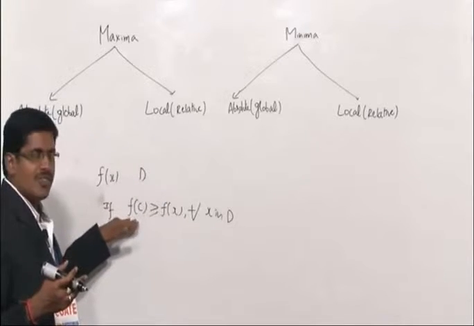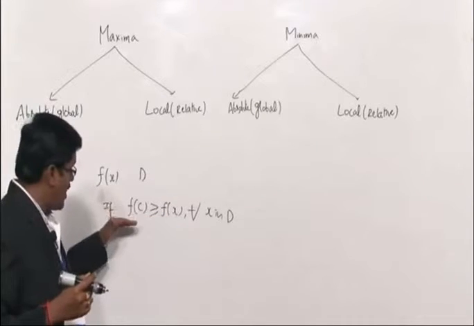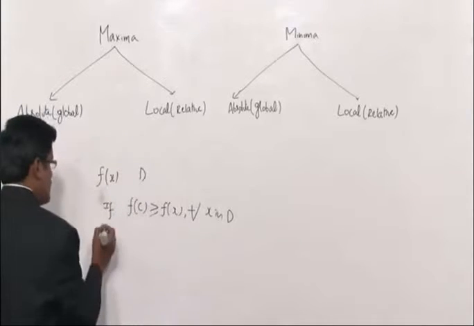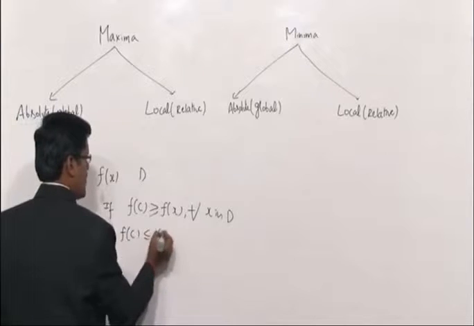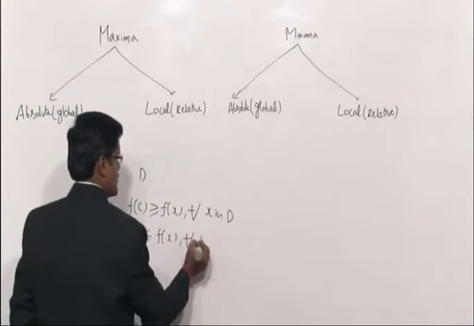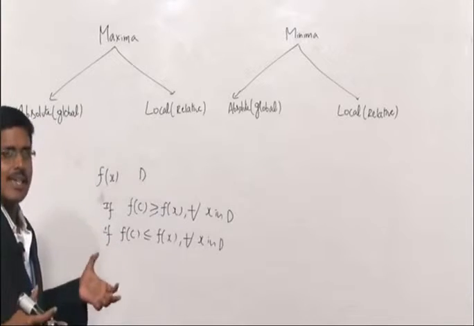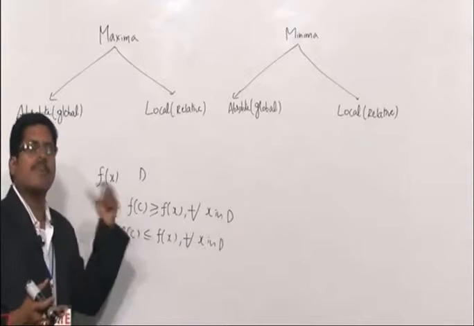Then f of x is absolute maximum at x equal to c, and the corresponding f of c is the maximum value. Whenever f of c is less than or equal to f of x for all x in the given domain, then we say that f of x is absolute minimum at x is equal to c, and the corresponding f of c is the minimum value.